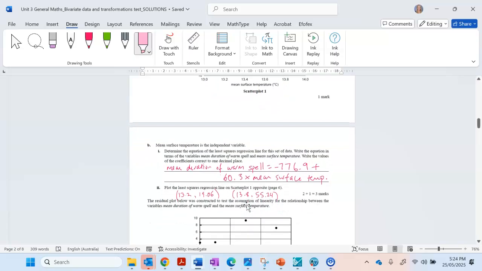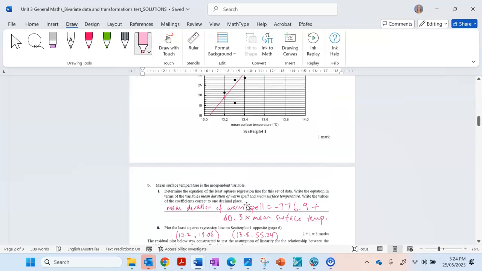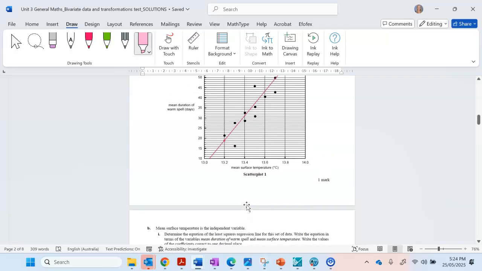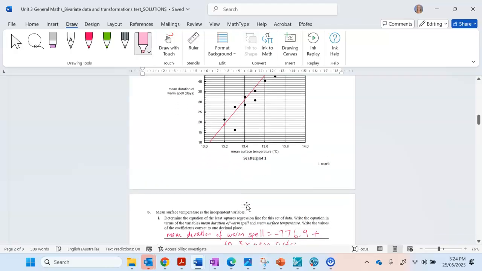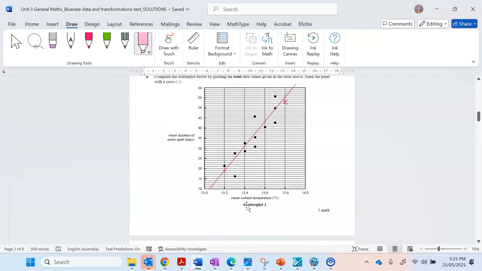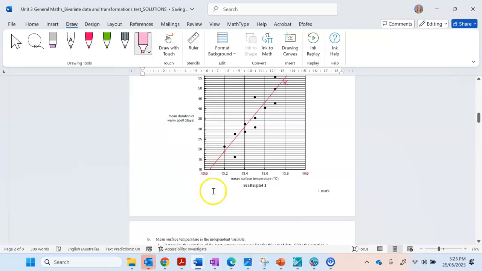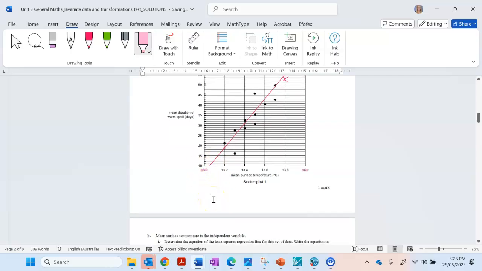Then we had to plot the least squares regression line. So we had to go back here and plot that line. Remember I said do your 2 endpoints. Now when we do that, we actually get a value that's not on our grid, which is very annoying.